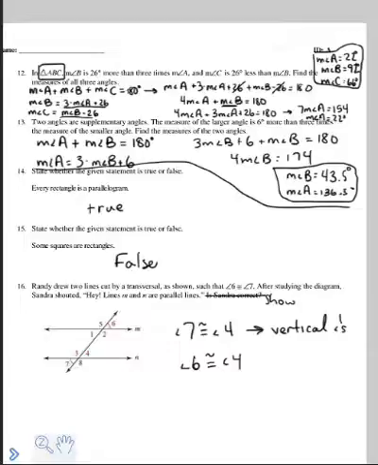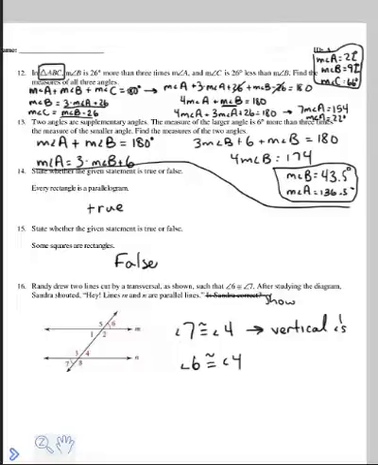So if the measure of angle 6 is congruent to the measure of angle 7, and the measure of angle 7 is congruent to the measure of angle 4 by vertical angles, then we can conclude angle 6 is congruent to angle 4. Because if A is equal to B and B is equal to C, then A is equal to C. Now, if angle 6 is congruent to angle 4, that means lines M and N are parallel.